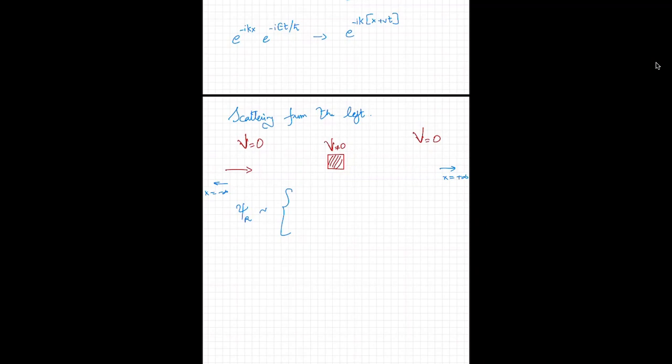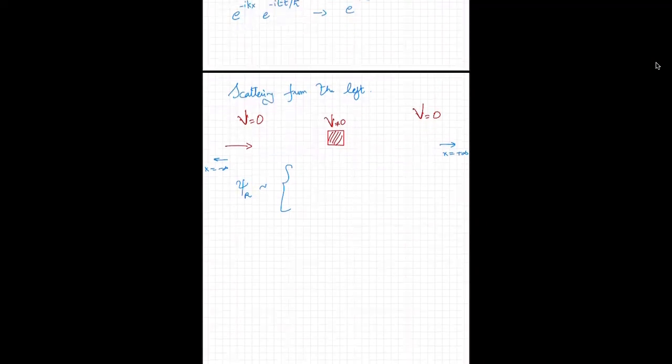Now, the form of the wave is going to be such that the asymptotic form of the wave is going to be such that at x equal to minus infinity, you're going to be seeing a wave traveling to the right. This is the particle that you put in initially, right? And then there is going to be some amount of reflected wave.